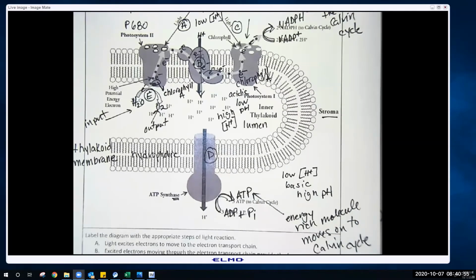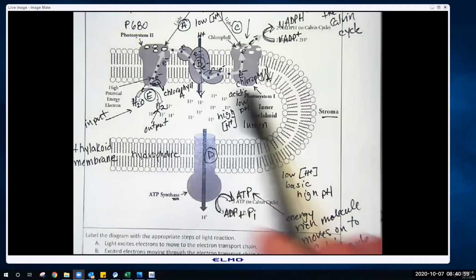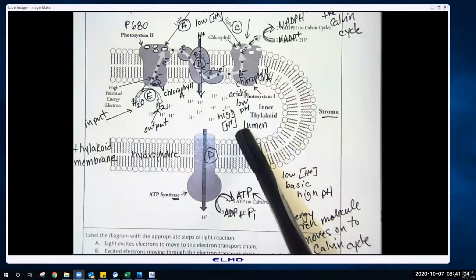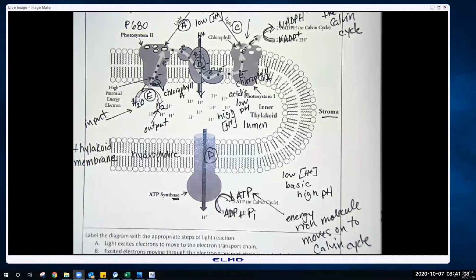But one thing that many students struggle with is many times AP will ask you about the inner thylakoid space, the lumen, and they'll say that it has a low pH, which is true. But a low pH means that it has a high concentration of hydrogen ions, which I know you guys know, but there's so much going on that those indirect relationships are hard for our mind to handle sometimes when we're overwhelmed with information.